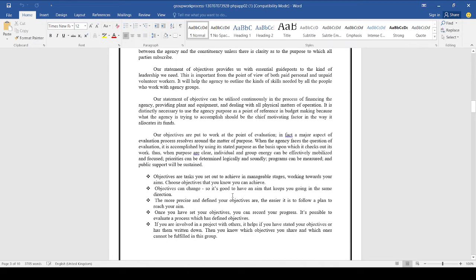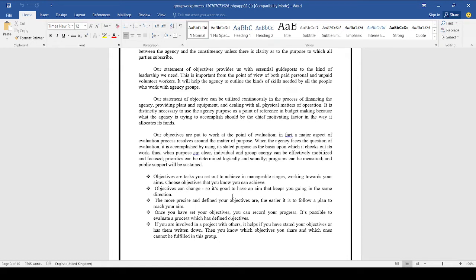And what do we mean by the term objectives? These are the tasks, different tasks to achieve the goal.